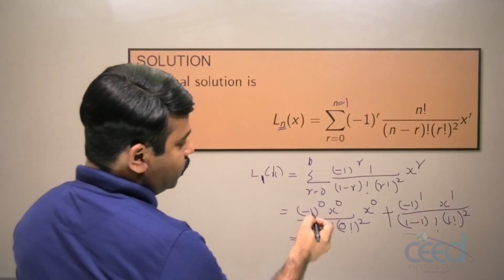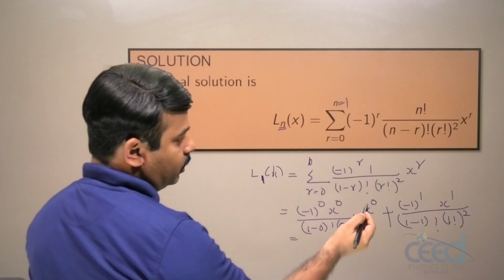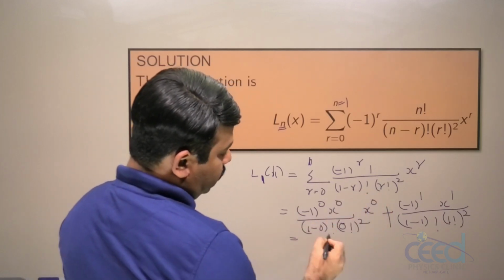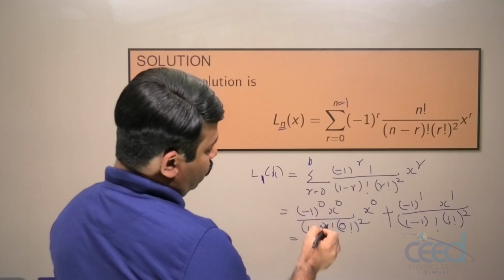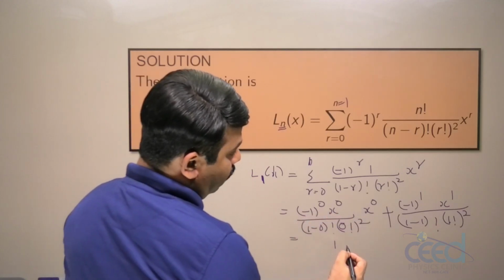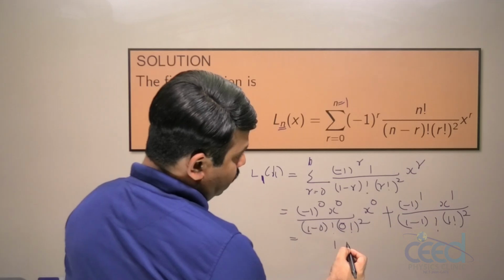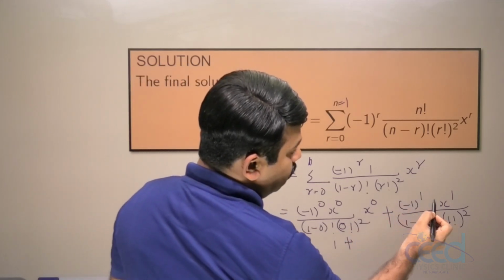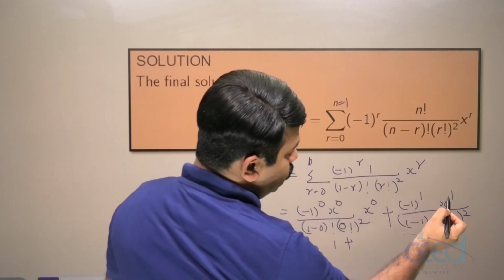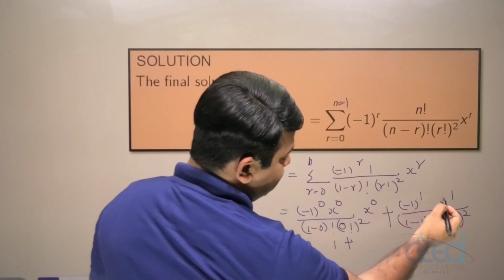Now, by substituting all these values, we can write 0 factorial 1, 1 minus 0 factorial 1, this 1, 1, then 1 plus. Now here, minus 1, x raised to 1, then minus x.